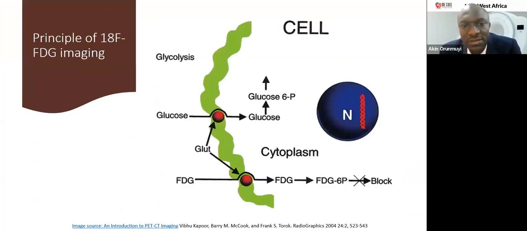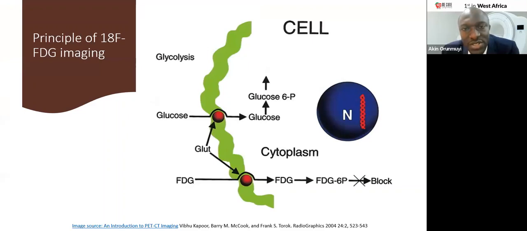And the principle is simple. Normal glucose is taken up into the cells through the glucose transporters, that's the GLUT receptors or channels, and is acted upon by hexokinase. Now, it goes into the TCA, that's the tricarboxylic acid pathway, to produce energy.